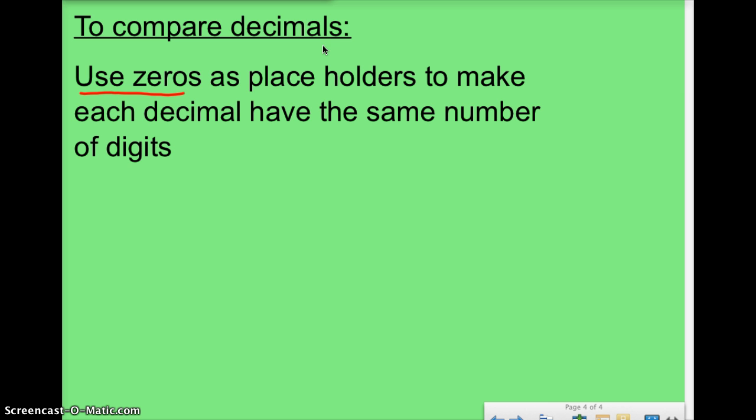So for example, if I had the decimals 0 and 15 hundredths, or I had 0 and 81 hundredths, right away you can easily say that 15 hundredths is smaller than 81 hundredths. So you don't need to worry about the zeros.